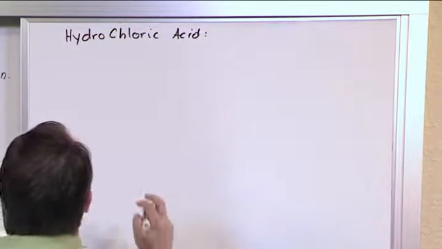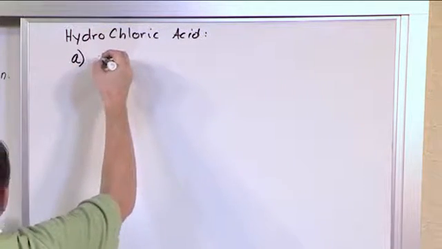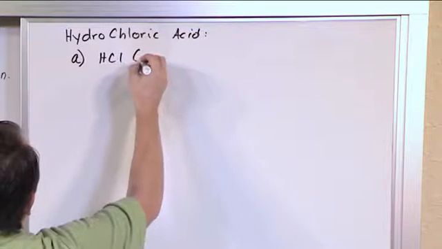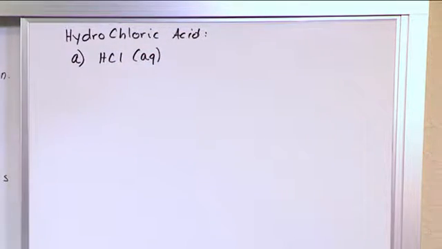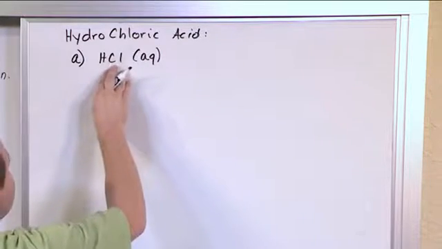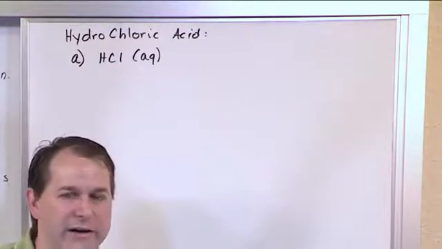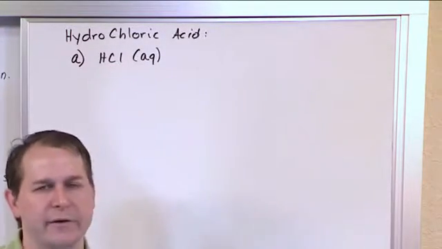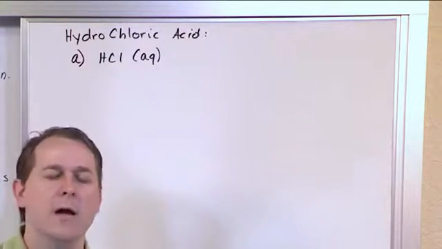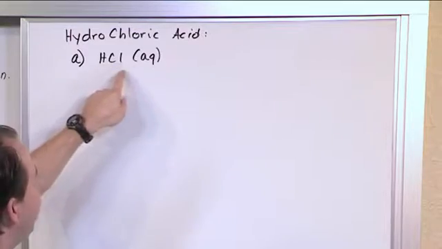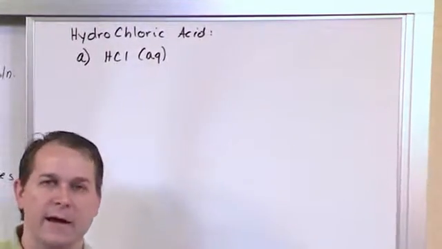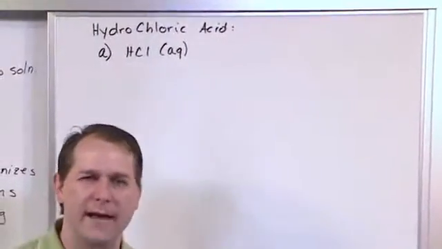The first way is the way you might think about it: HCl, aqueous solution. This is something you use a lot when you're writing chemical equations. We know that when we put this in solution, it breaks apart into these hydrogen ions or hydronium ions or whatever you want to talk about. But still, when you're doing the chemical reactions, a lot of times it's easier just to write it as HCl in aqueous solution because that's a more compact way of writing it.